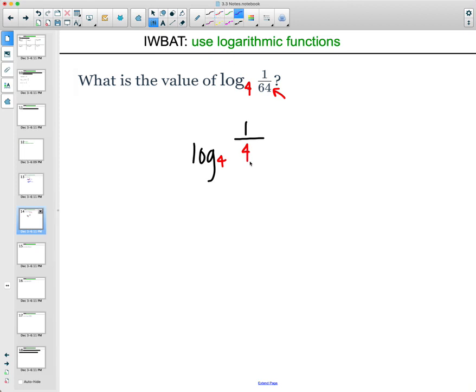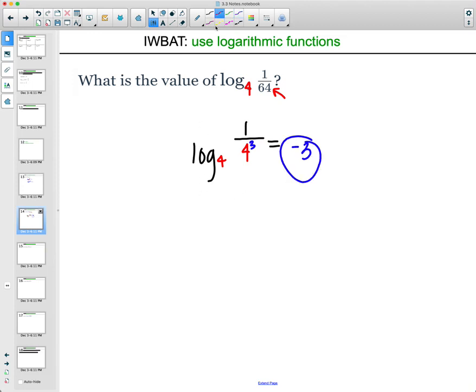So this is 4 to the third power is 64. So then this base here is the reciprocal of 1/4. So 4 and 1/4 are reciprocals. So this is going to kick back a negative version of this exponent. So log base 4 of 1/64 is negative 3.